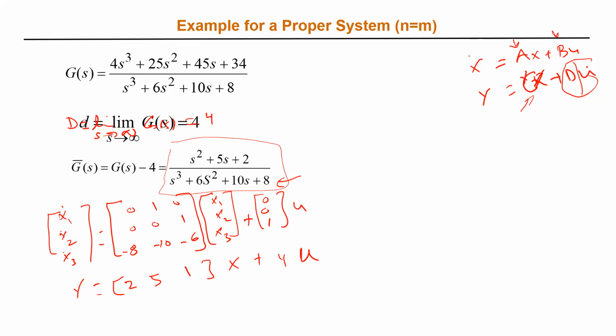This is in phase variable form. If we want the input feed forward form, you transpose everything, you transpose A. They are identical computationally, not in the sense that they are the same. But the question is where you are going to apply them.